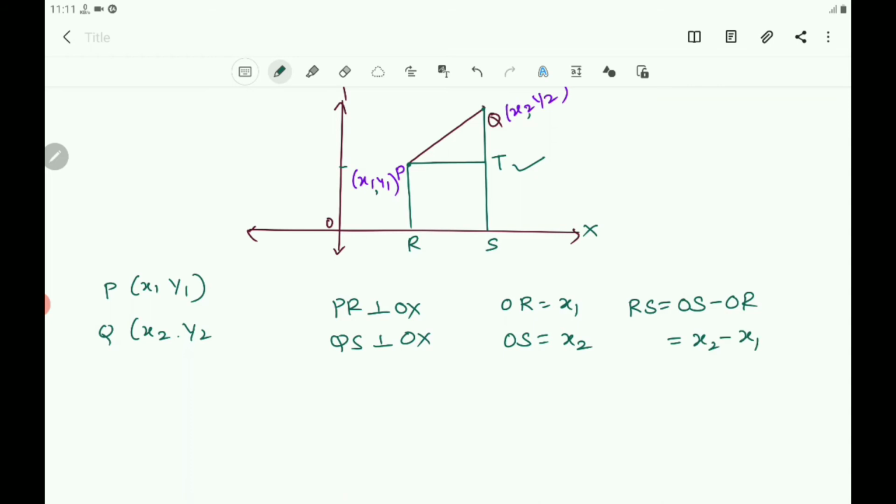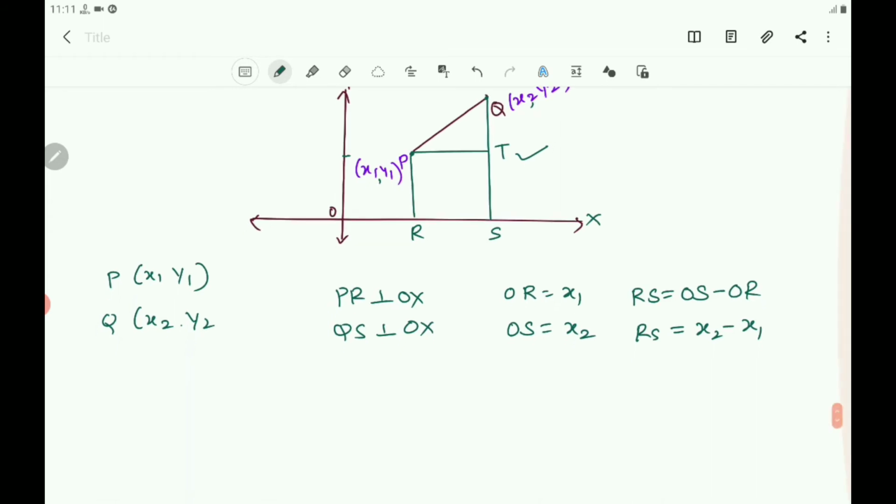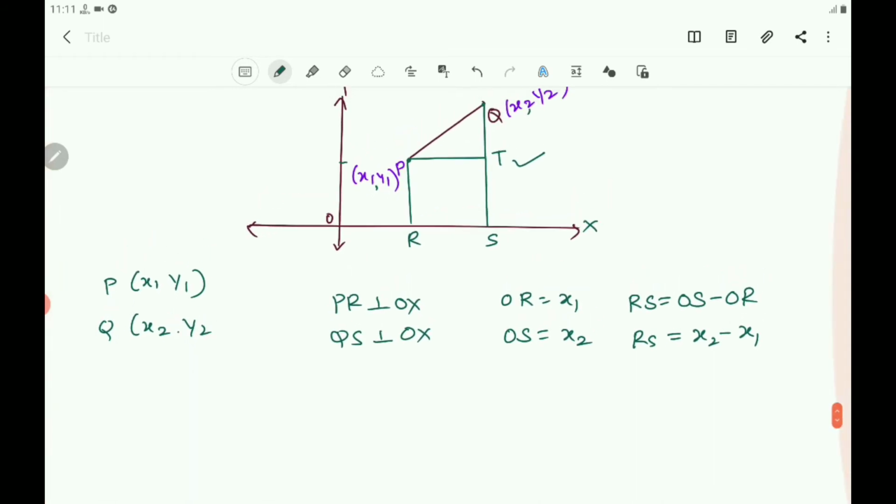Therefore you can say that RS is equal to x2 minus x1. And this x2 minus x1 is also equal to PT. RS is nothing but PT, and both are equal to x2 minus x1. Then SQ you take.